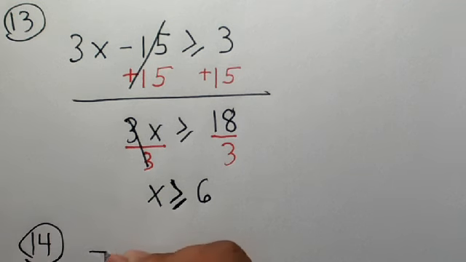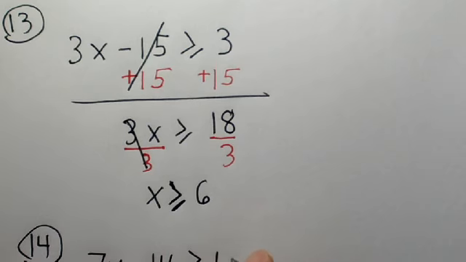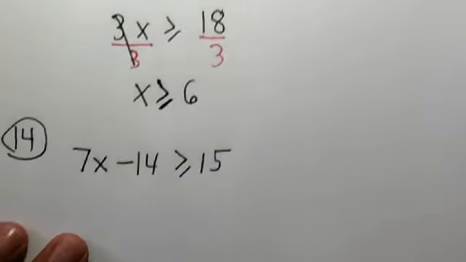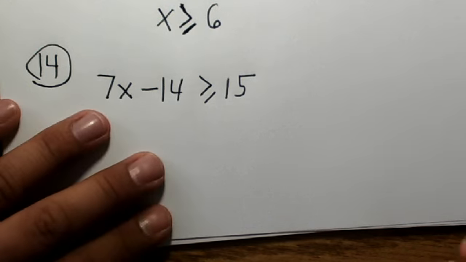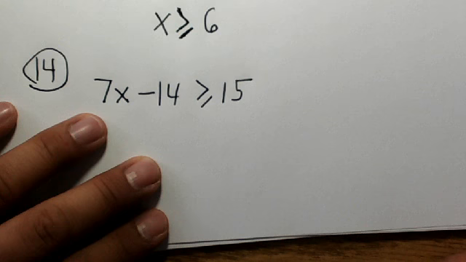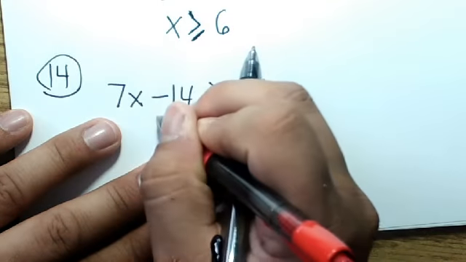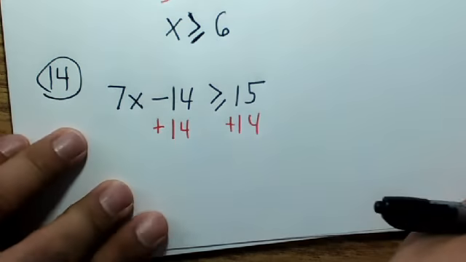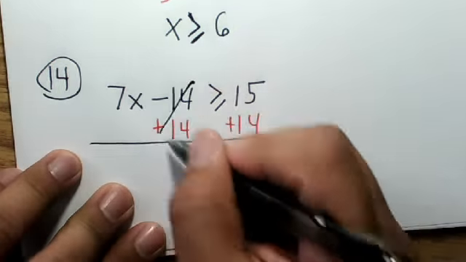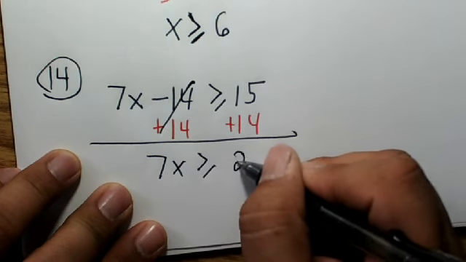Number 14. 7x minus 14 is greater than or equal to 15. 7x minus 14 is greater than or equal to 15. How would we solve this one? And what does that give us? 29.